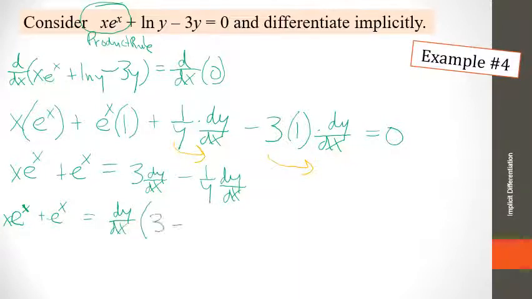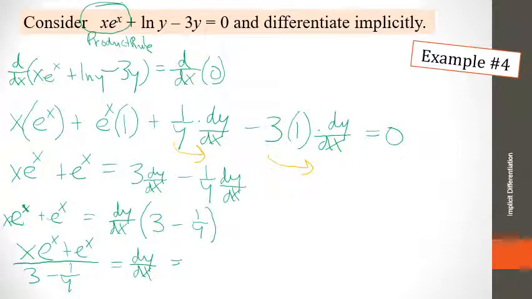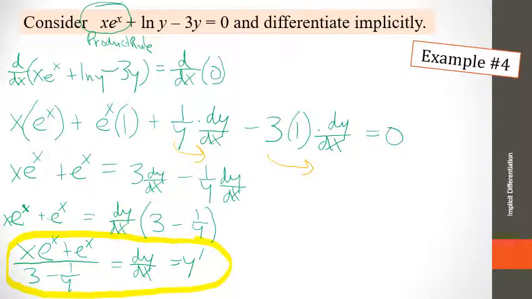I have 3 minus 1 over y. And my last step is to divide. So x e to the x plus e to the x divided by 3 minus 1 over y equals dy/dx, which is y prime. And that is my final answer for this one. Doesn't look super nice, but it wasn't that bad.